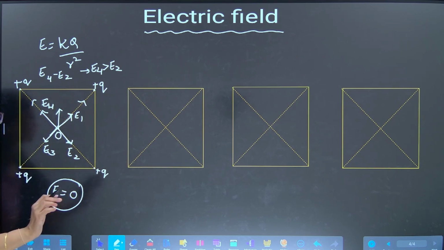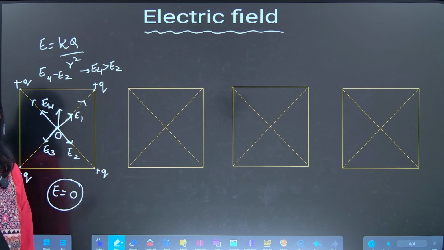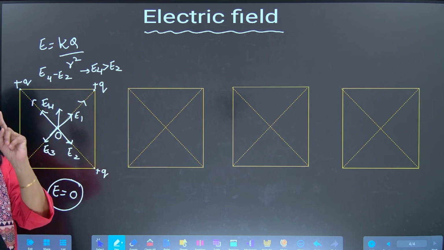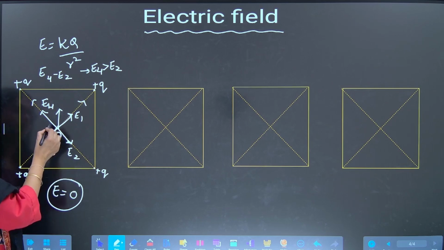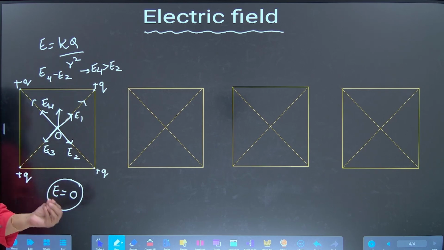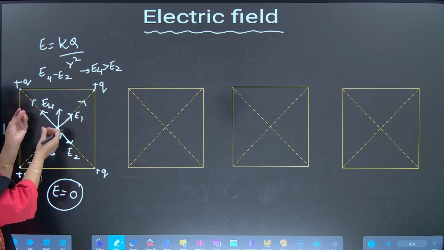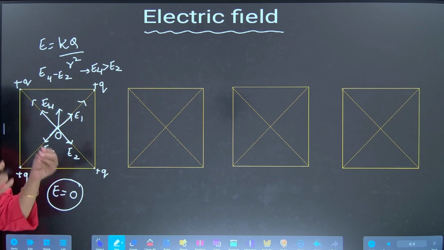Clear? So for finding out the resultant on a single line, your eyes should first go on whether the vectors are in opposite direction. If they are in opposite direction, subtract them. If they are of the same magnitude, answer is 0.